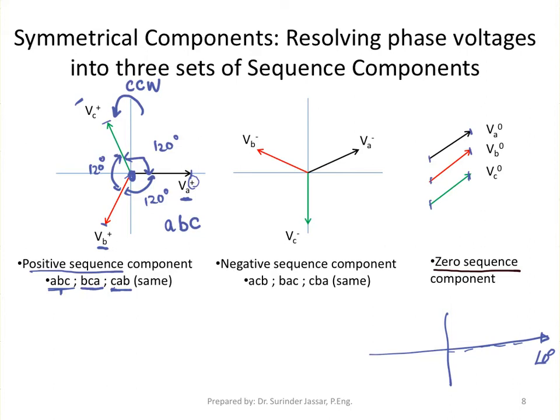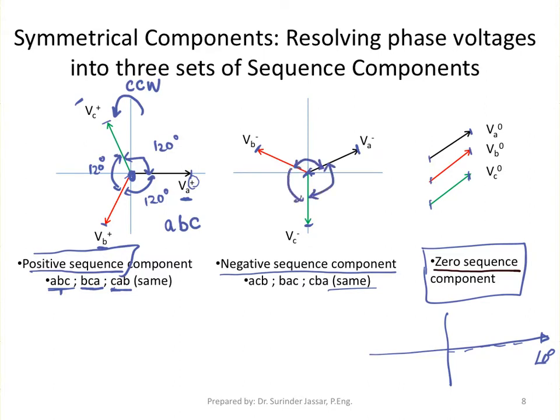So again, three sets of the sequence components. This is the positive sequence component. This was the zero sequence component. The last one is the negative sequence component. The first thing is it has the same amplitude, so the phasors are of the same length. Then the phase displacement between them is 120 degrees.